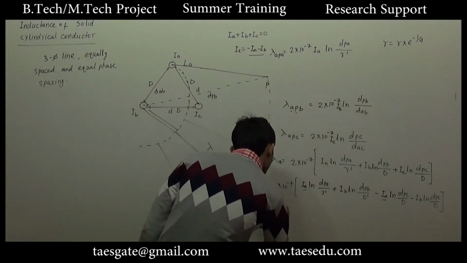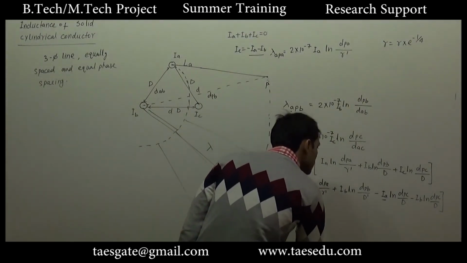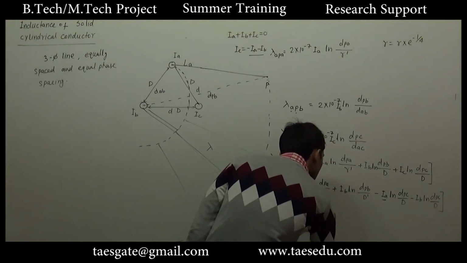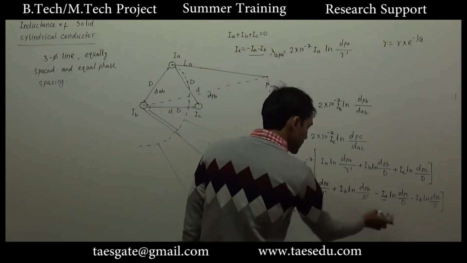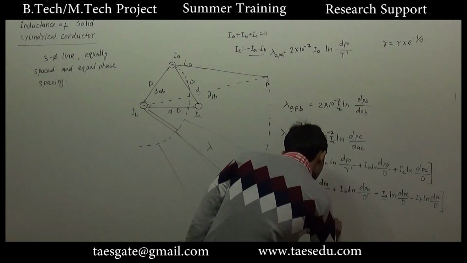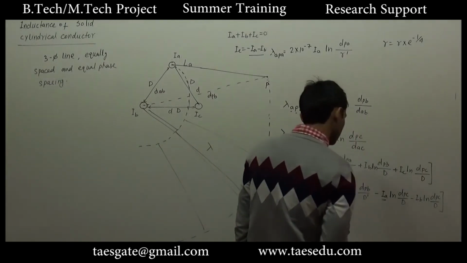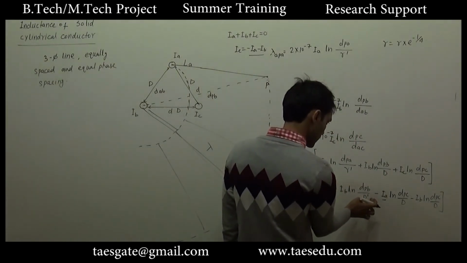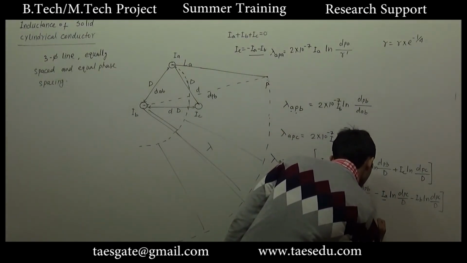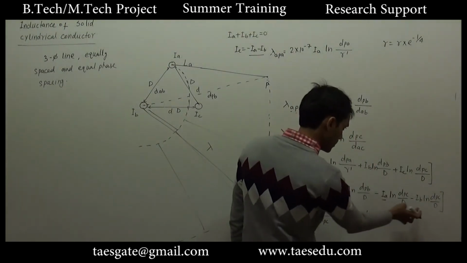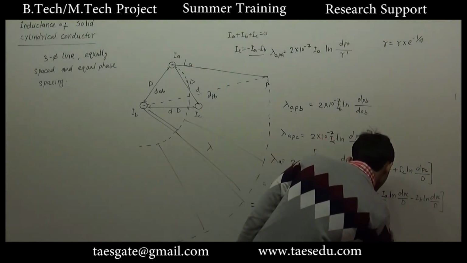So this will be 2 into 10 to power minus 7 IA ln dPA, and due to minus, this dPC will go to the denominator, capital D will be numerator, R dash dPC, plus IB into, here we will not have R dash, D only, ln dPB divided by D, and capital D will be in numerator and dPC will be in denominator.